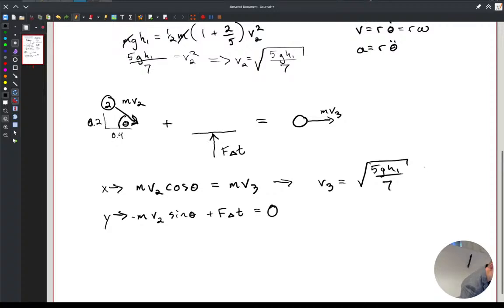So our 0.4 over the square root of 0.2 squared plus 0.4 squared, where cosine theta is going to be a little mix of trig and Pythagorean theorem. So now I've got my V3.